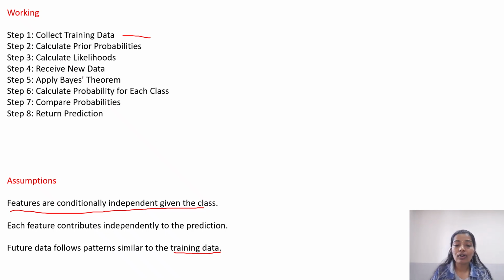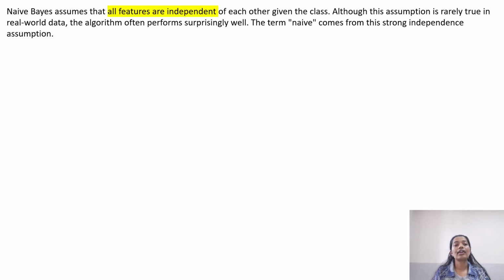But a very important assumption of the naive Bayes algorithm is feature independence. It assumes that the features are independent. This feature independence assumption is not always possible in the real world.